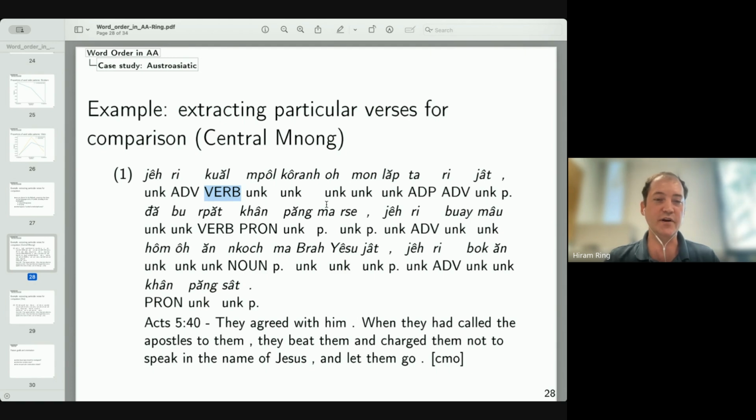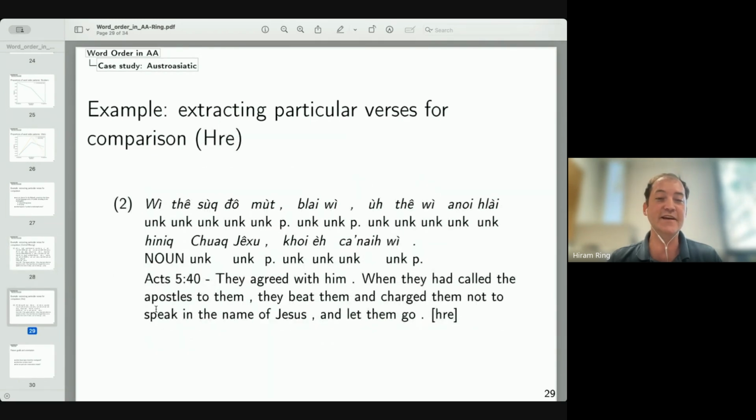But according to this automated way of getting parts of speech, we do find a verb occurring initially in this particular construction. Someone who is more well-versed in Central Mnong can correct me on the annotations here. I'm not a specialist in Bahnaric by any means.